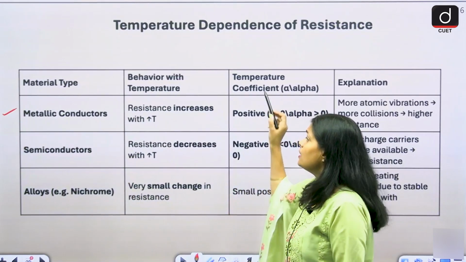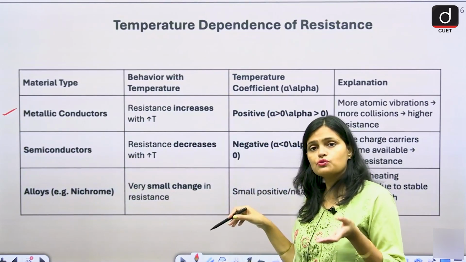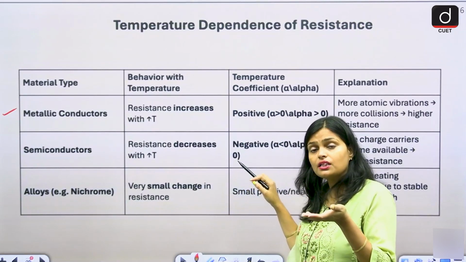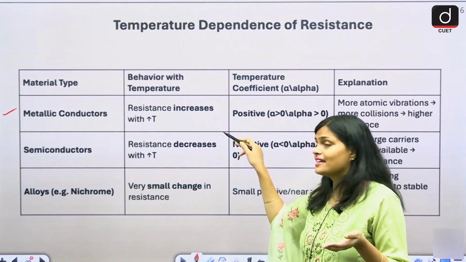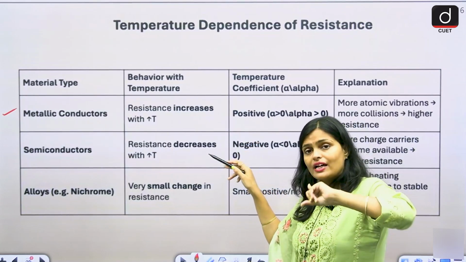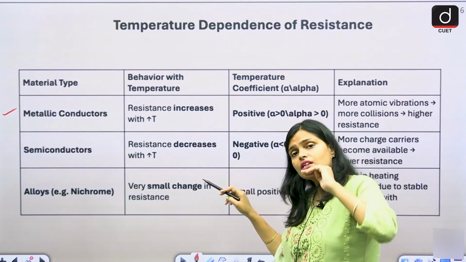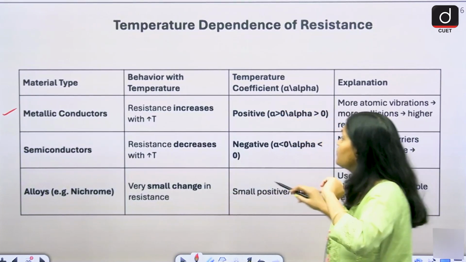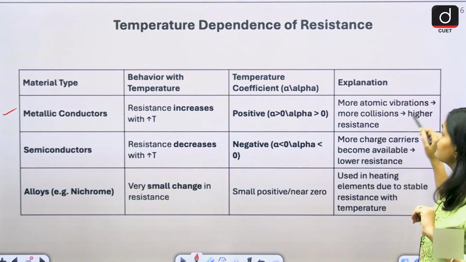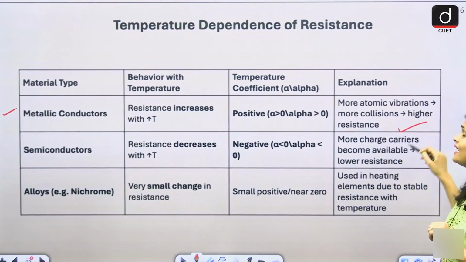When you increase the temperature, so what happened due to the temperature? Now its resistance will increase with temperature. So as you increase the temperature, its resistance keeps increasing, right? Why does resistance increase, guys? Because more atomic vibration, more collision, higher resistance.